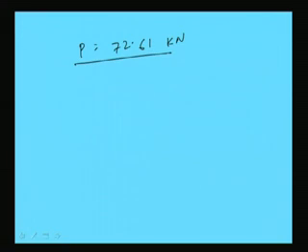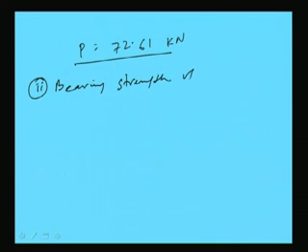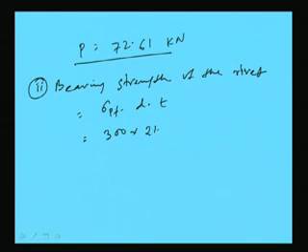So, the strength of the rivet due to double shearing is 72.61 kilonewton, and bearing strength of the rivet will be simply sigma Pf into d into T, which is 300 into d is 21.5 into T is 12.